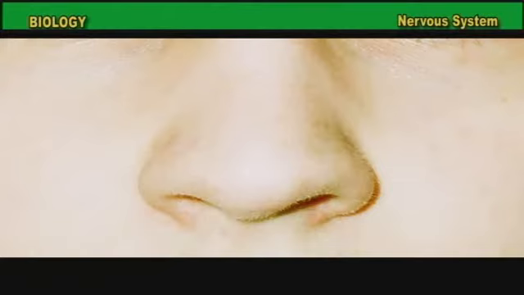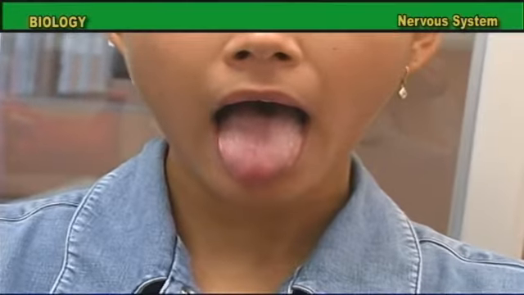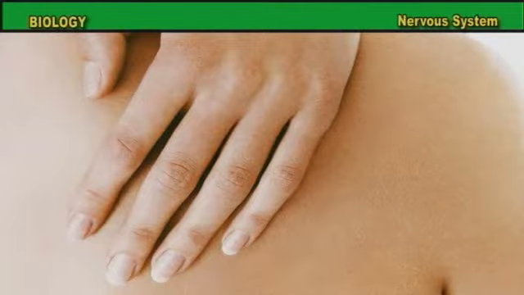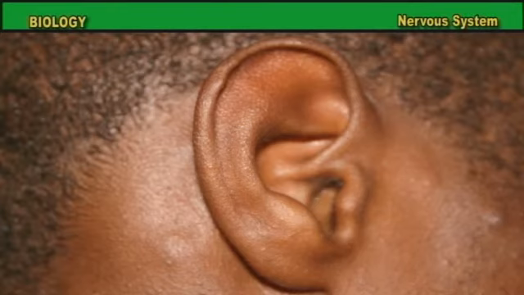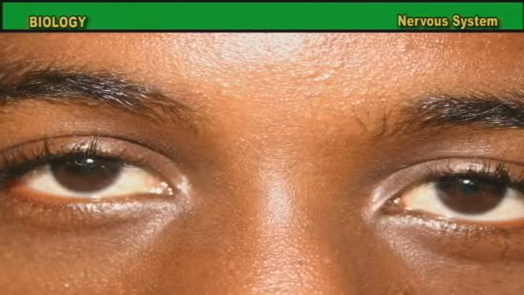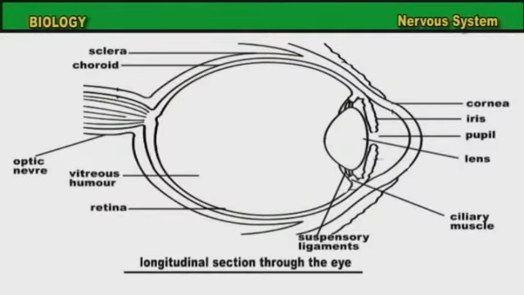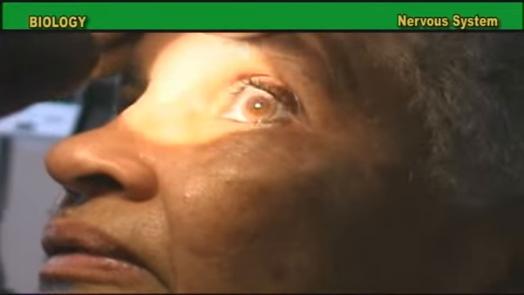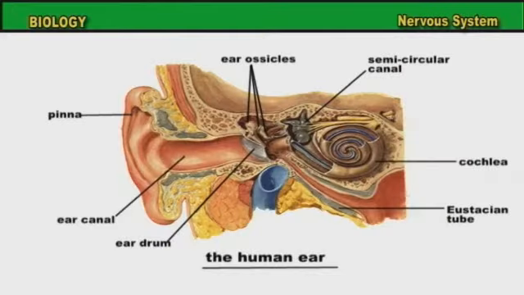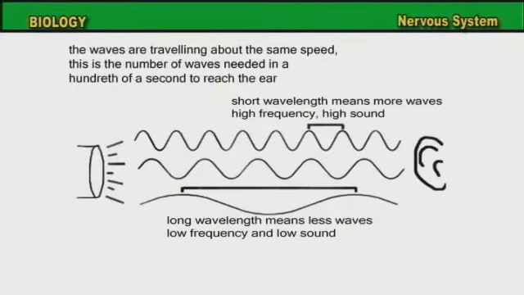The sense organs of the body allow us to detect different types of stimuli. Each sense organ has different types of receptors. For example, the receptors in the eye detect changes in light. The receptors in the ear detect changes in sound waves to establish loud and soft sounds, as well as high and low frequency sounds.